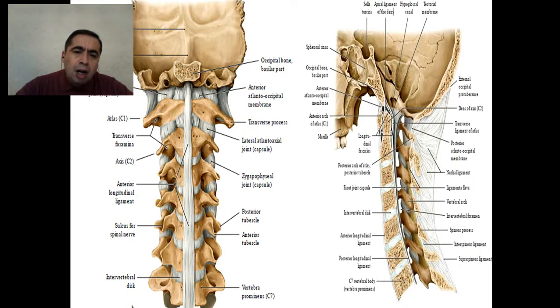These vertebrae are the smallest, and they are connected by continuous and interrupted joints, interrupted joints like the zygapophyseal joint, or articulatio processus articularium, the articulations of the articular processes. Here are the transverse processes of the cervical vertebrae, and as I explained before, they have great importance.